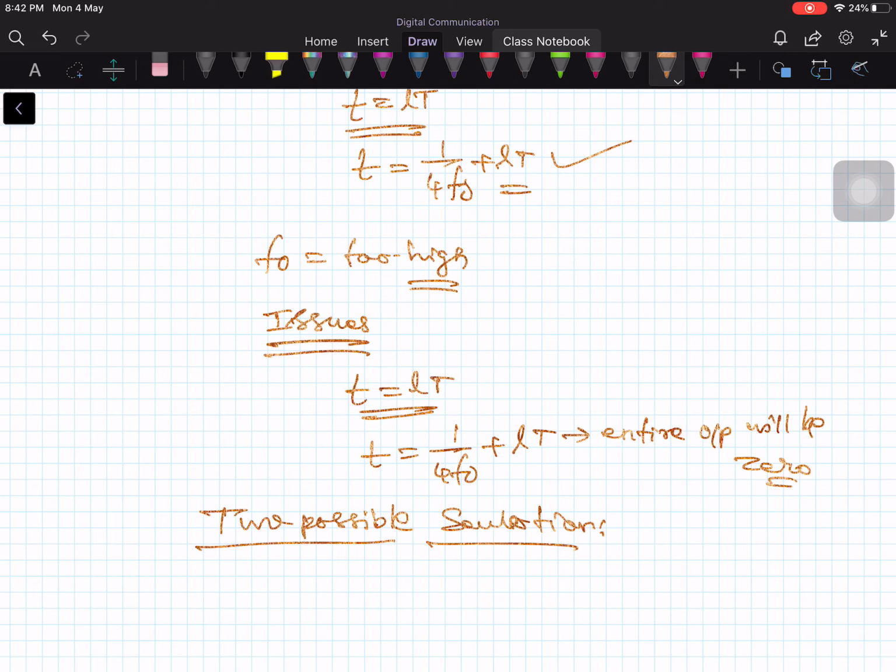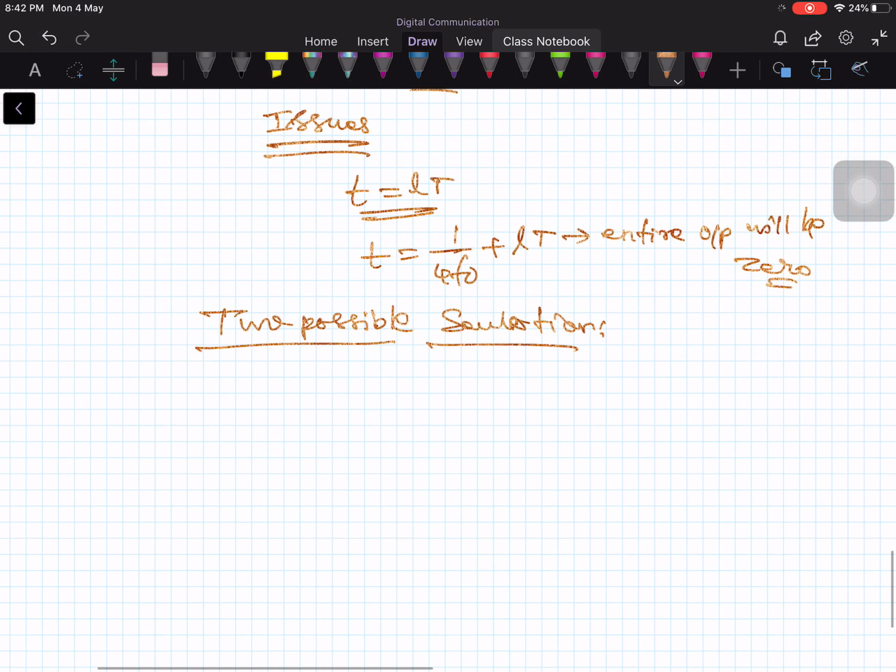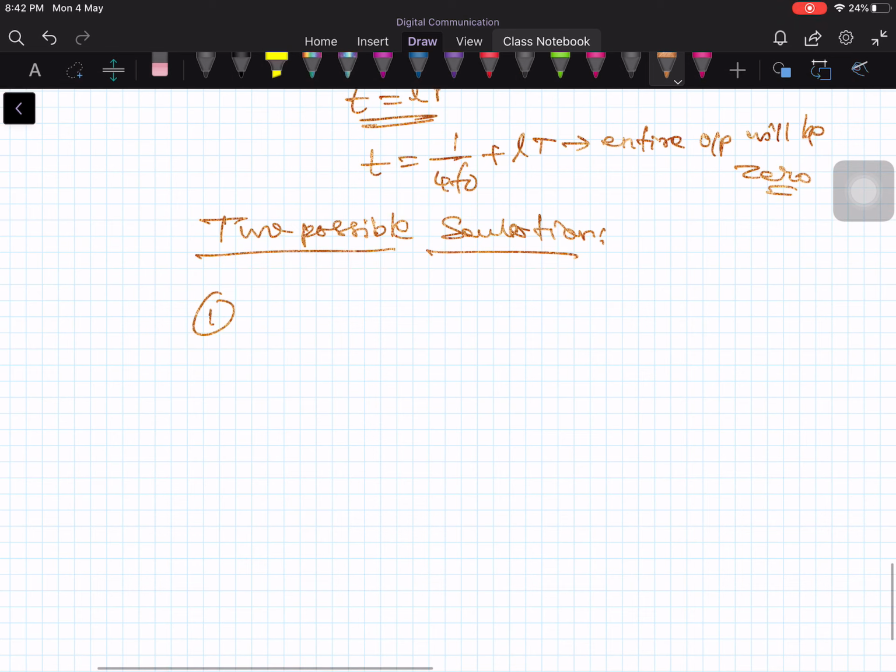If you use a voice band channel, then no problem, you can choose f naught to be much lower, and the corresponding data rates will also be smaller. Depending on the application you can choose, but always choosing a lower carrier frequency is not possible. So one solution is to choose a low carrier frequency, but it is not in our hand, not under our control.